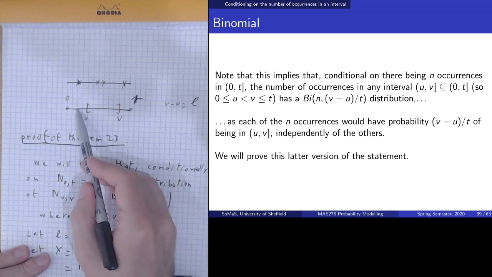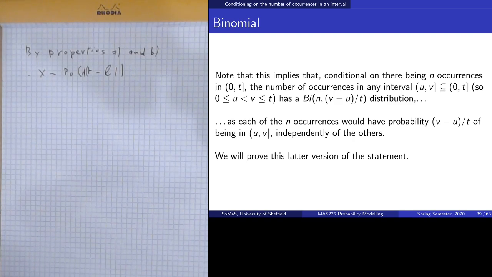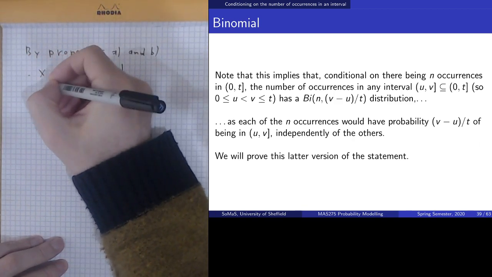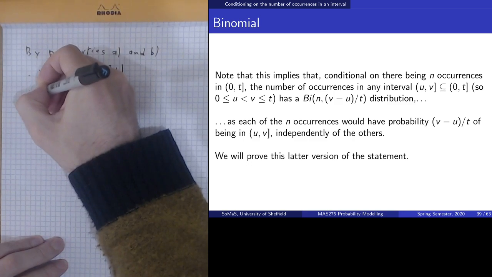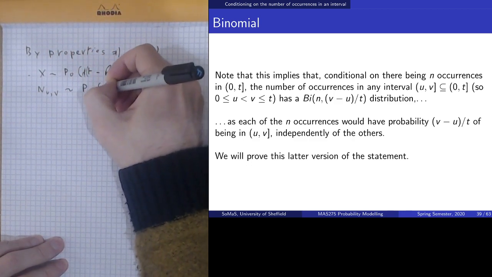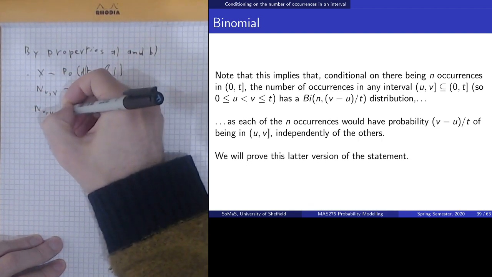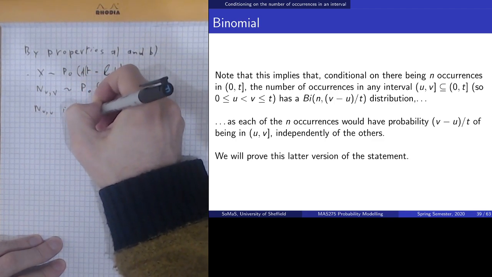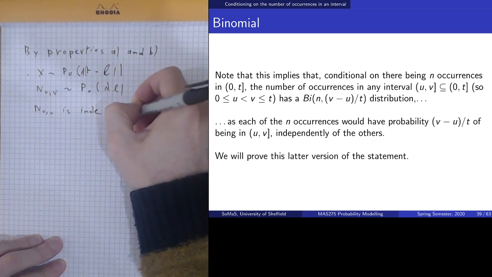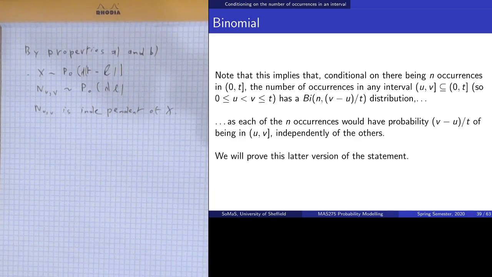Of course, that's the length which is not between u and v, so that's exactly t minus L. And N_{uv}, I will remind ourselves, is Poisson of parameter lambda L, and N_{uv} is independent of X. Well, X and N_{uv} are independent.